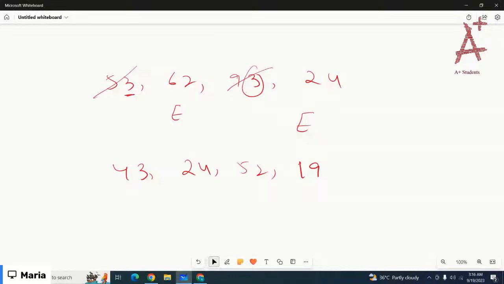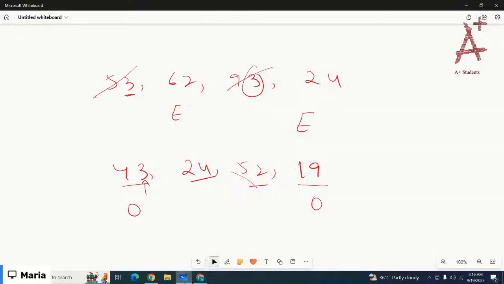Odd numbers are the ones that cannot be divisible by 2. Just look at 43. 3 is an odd number, which means 43 is an odd number. 24 is an even number, 52 is an even number, and 19 is an odd number.